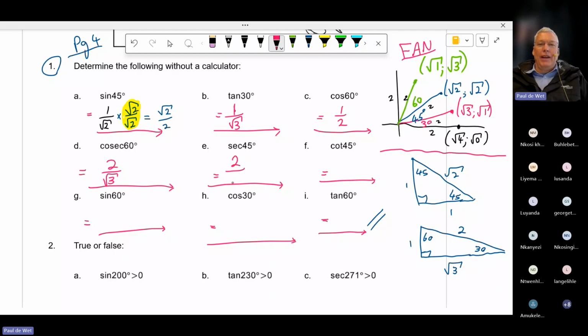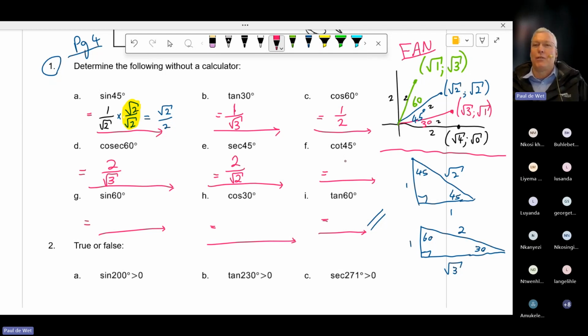Someone online told me 2 over root 2. Okay, guys, sec is r over x. Okay, cot of 45. Come, someone here, so Ayanda doesn't have to walk so far. Cot of 45. No, someone said 1 over root 3.